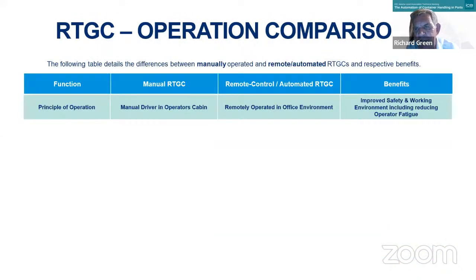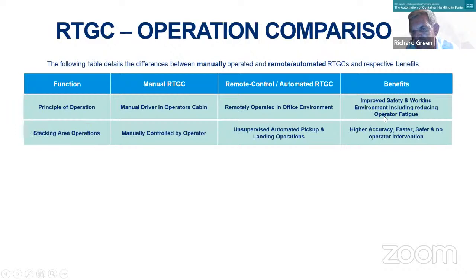well, these are essentially the same as the key crane. Manual RTGCs, remote controlled in an office environment, improves safety and working environment, reduces office fatigue. Again, manually operated stacking area, remote control, unsupervised automated pickup and landing operations: higher accuracy, faster, safer, no operator intervention.